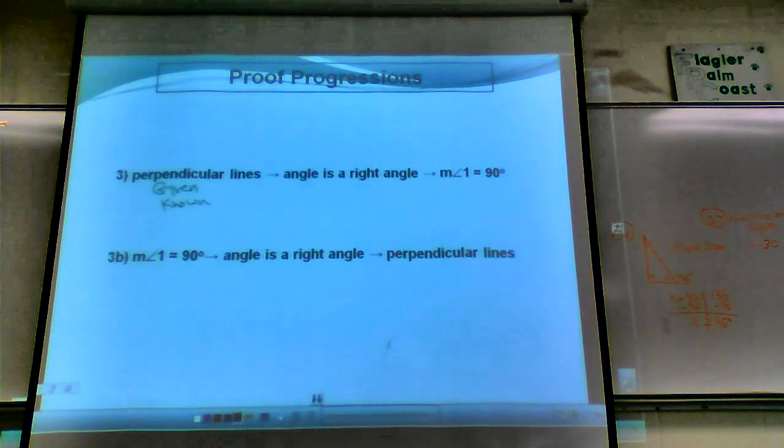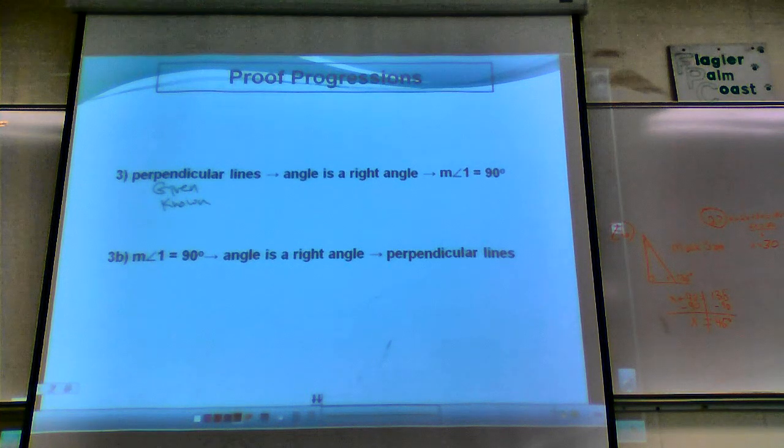The whole point of having perpendicular lines, the majority of the time, is that if I've got perpendicular lines, that means I've got right angles. The perpendicular lines make right angles. So if you say, look, I have perpendicular lines, and the next step down you say angle 2 is a right angle, the reason you're allowed to say that is the definition of perpendicular lines.